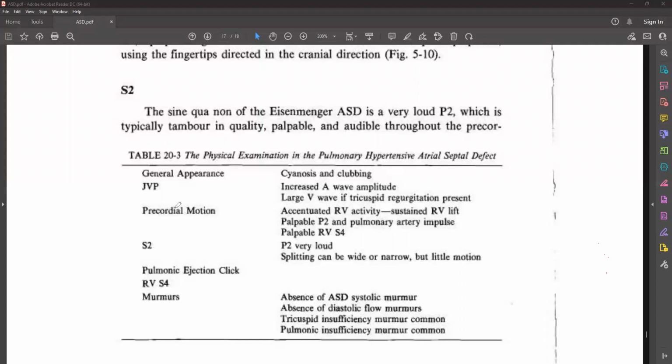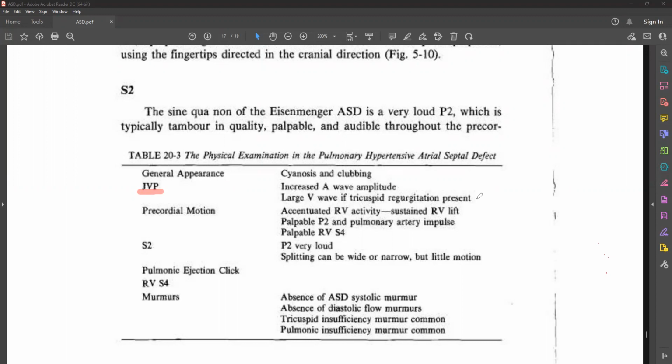so here JVP is one thing I told. So what is given here? Increased A wave amplitude, large V wave. So what I told initially was the change between the V wave and the A wave. In general, the A wave amplitude is bigger. But here, once the pulmonary hypertension sets in, the usual pattern recurs.